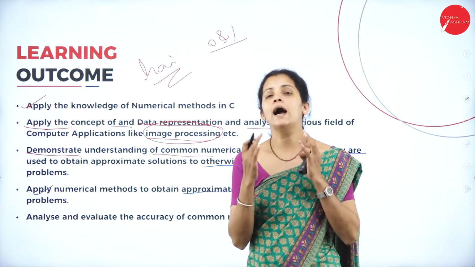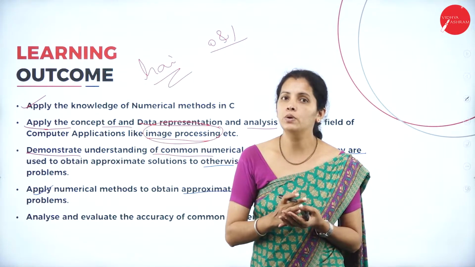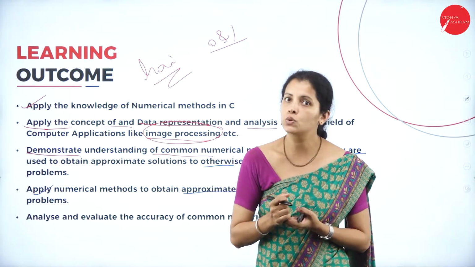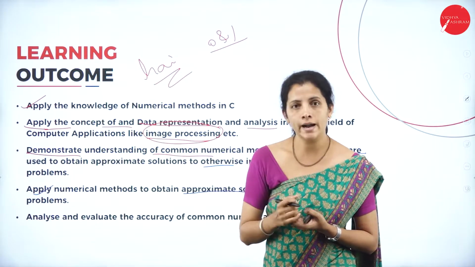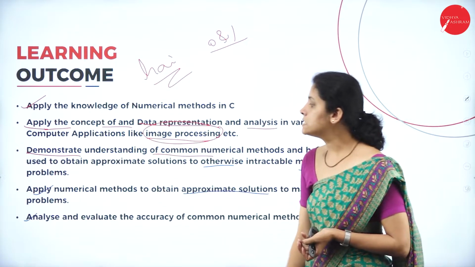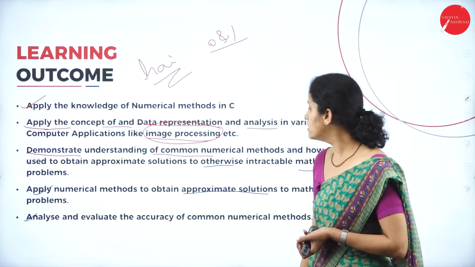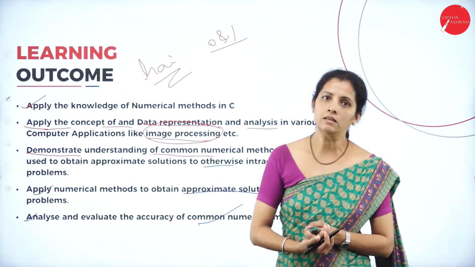That means if you have any mathematical problems, you are able to get the approximate solution by using some of the predefined methods. Now, it helps to analyze and evaluate the accuracy of common numerical methods.